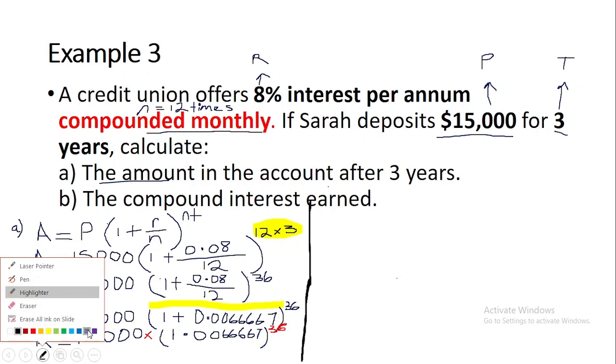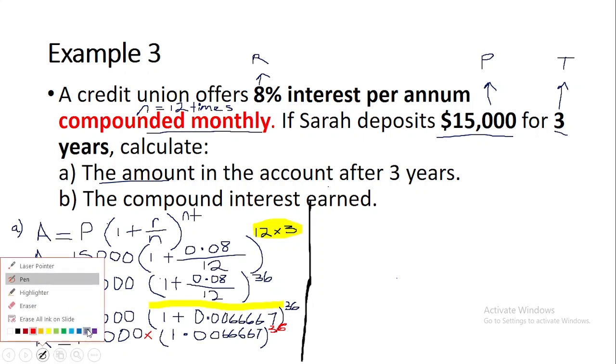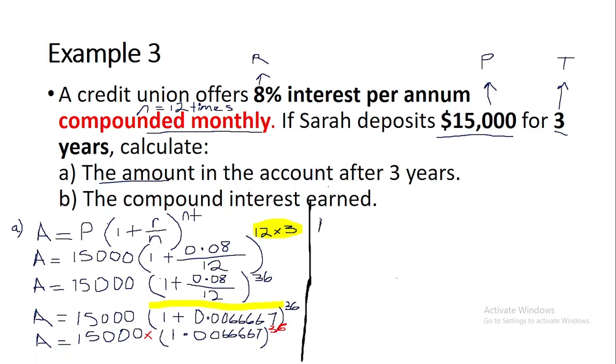So I'm gonna have A is equal to 1.006667 raised to the power of 36.